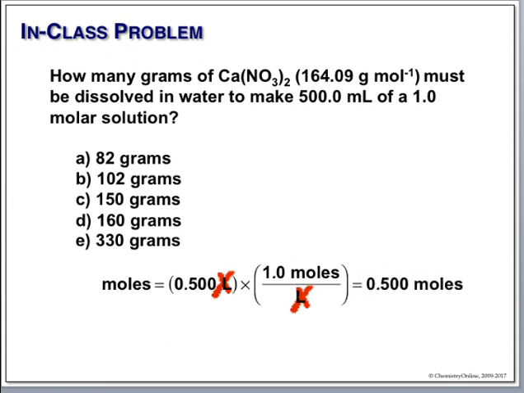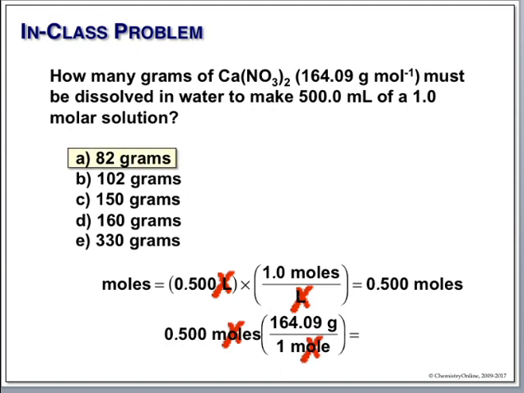We know the stuff weighs 164, we need half a mole. Simply multiply these out, moles cancel, we get 82 grams. Any questions?